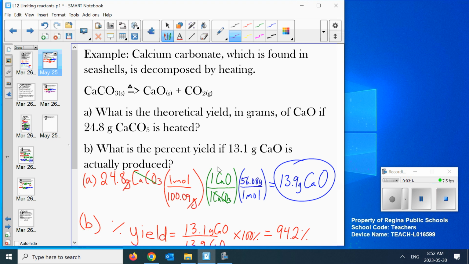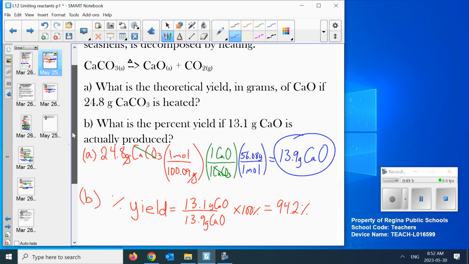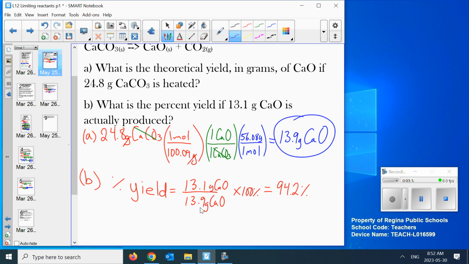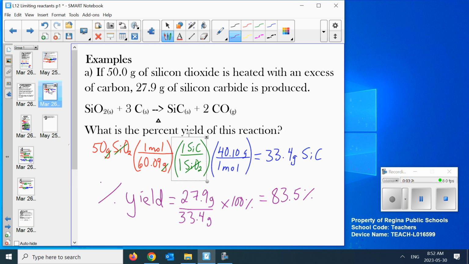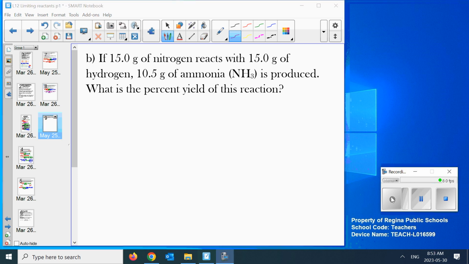The percent yield used the theoretical amount on the bottom, and the numerator was the actual yield, 13.1. We just did this example here, 50 grams silicon dioxide, figured out the theoretical yield, and got the percent yield again. We'll go through one last example right now.